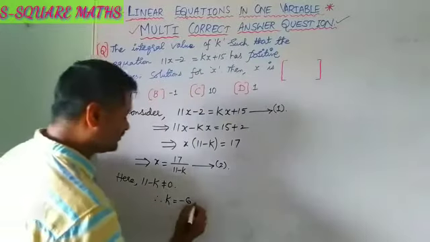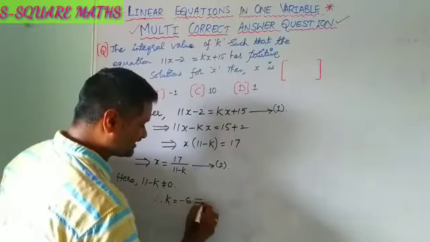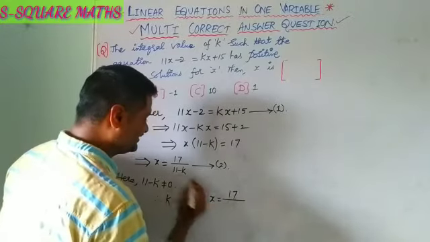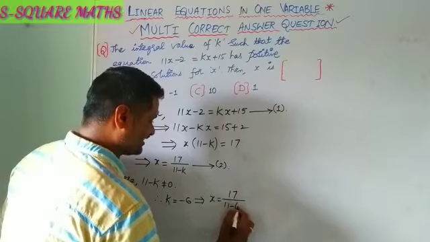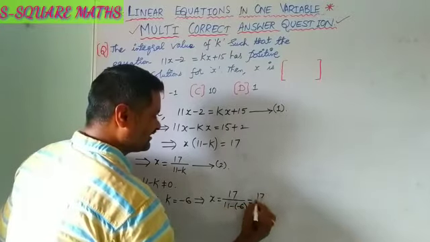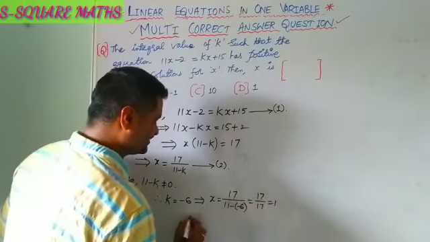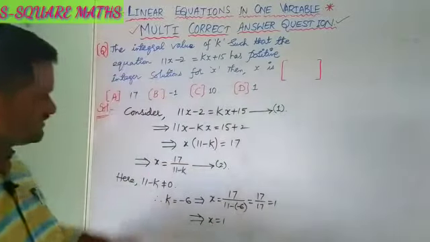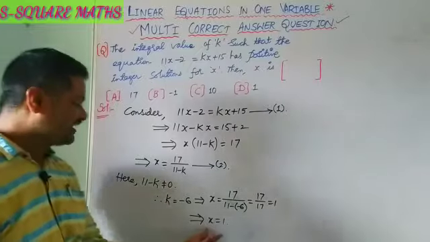Therefore k is equal to minus 6 implies x is equal to 17 by 17, which is 1. So x is equal to 1. That is one x value.